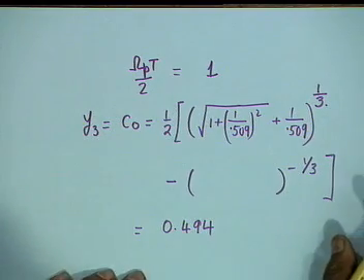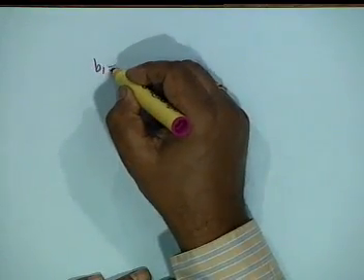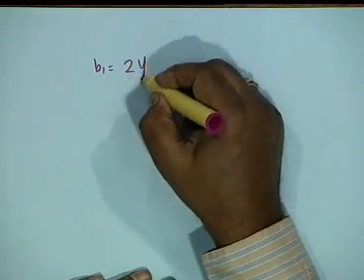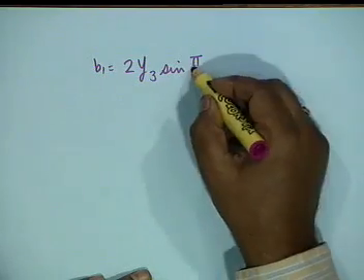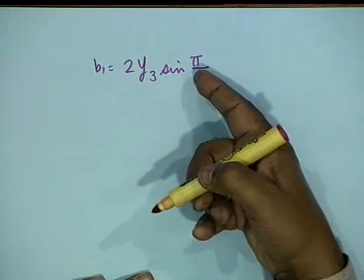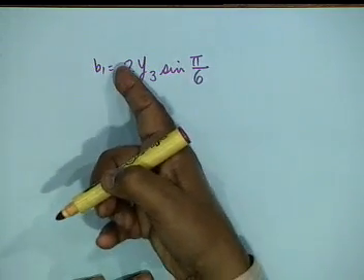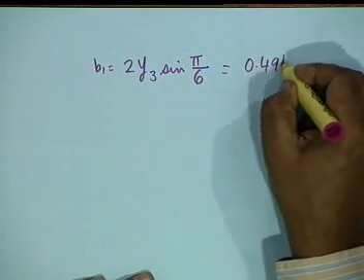What do you have to calculate then? b1 and c1. b1 is twice y3 sine of pi by 6. Sine of pi by 6 is sine 30 degrees, and this is half, and therefore half and 2 make 1. So it simplifies to 0.494. Agree?